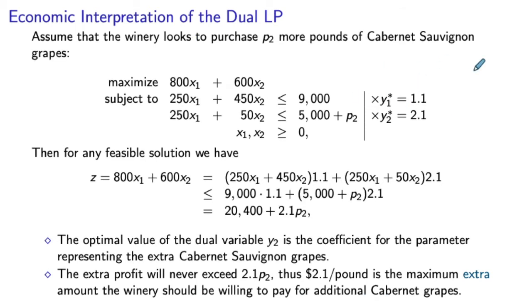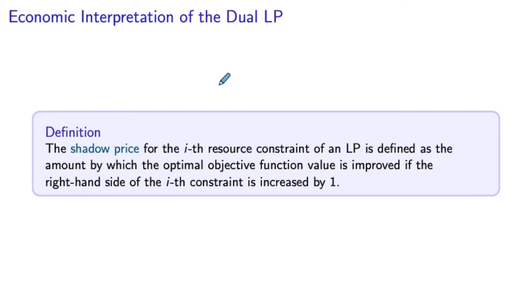So therefore, we have the following interpretation of the dual optimal variable values. They are called the shadow price because this is the maximum amount you'll be willing to pay on top of the regular price of that resource, such that you will at least break even in terms of the optimal solution value. So essentially, the optimal dual value gives you the amount by which your objective will increase if you have an extra unit of the corresponding resource.